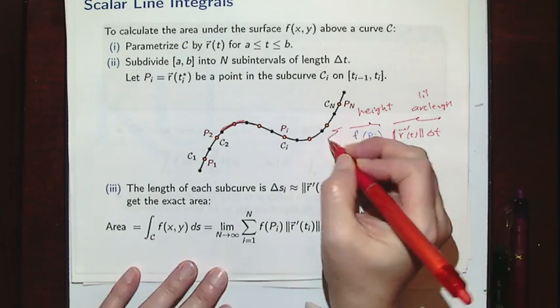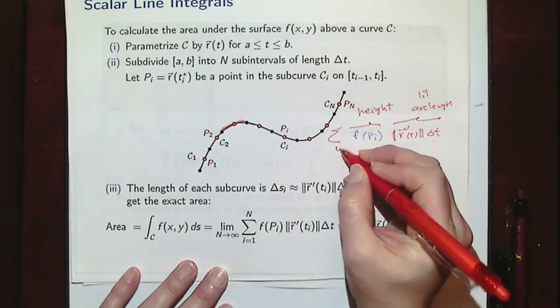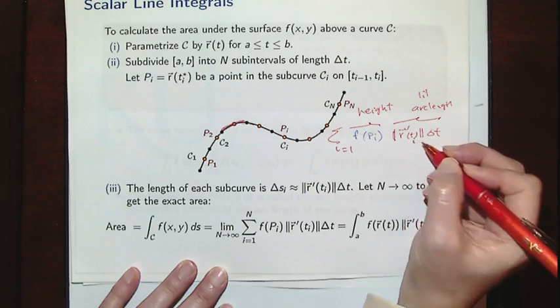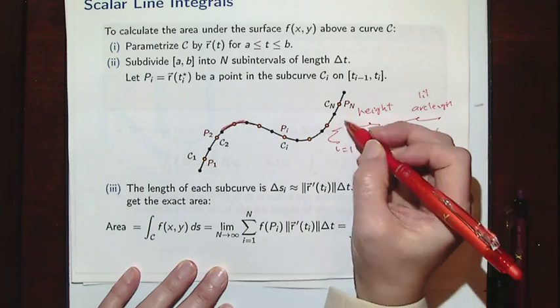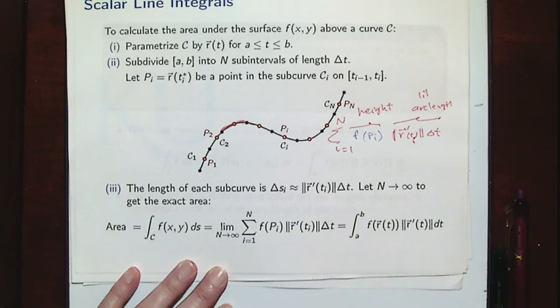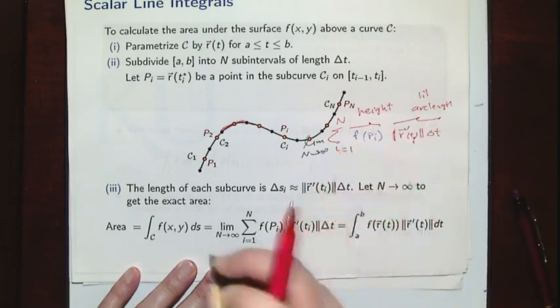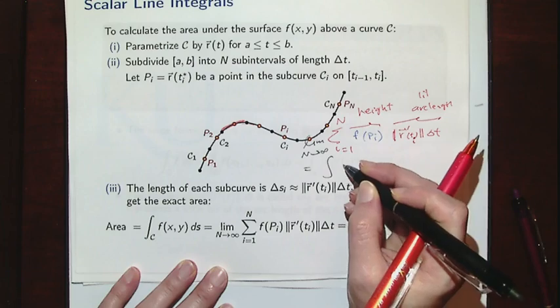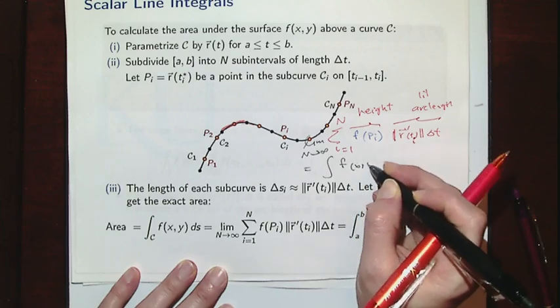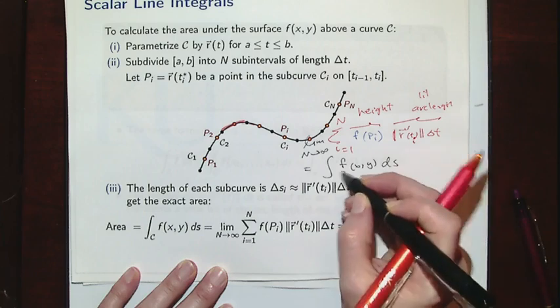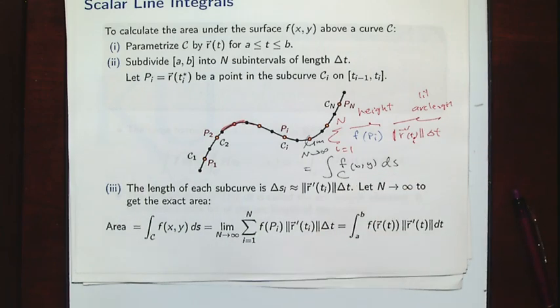Then you sum it up, and then you take a limit. This gives you the integral of f of x and y ds, which is that area we discussed, and that's the notation. Fair game so far?